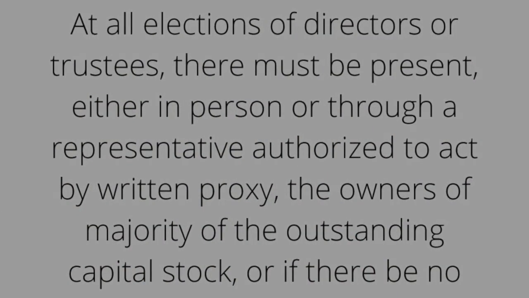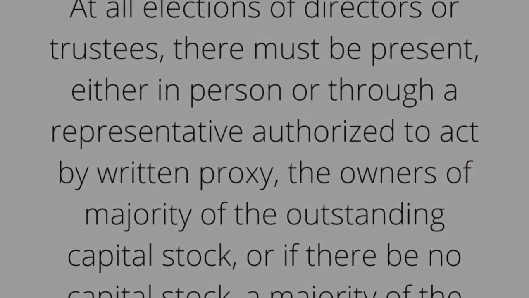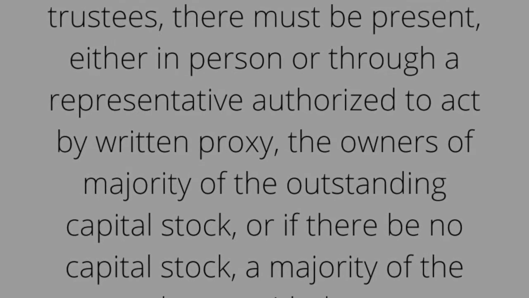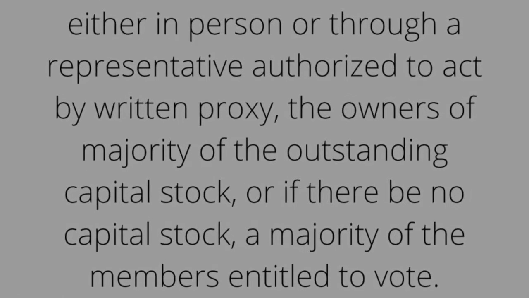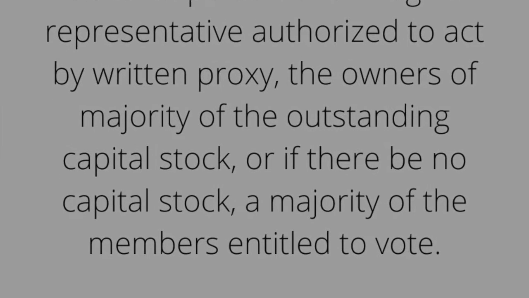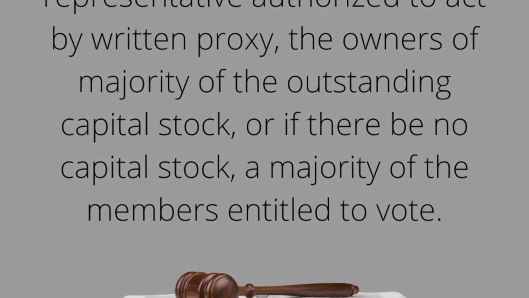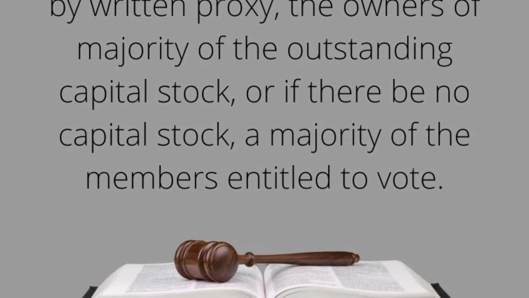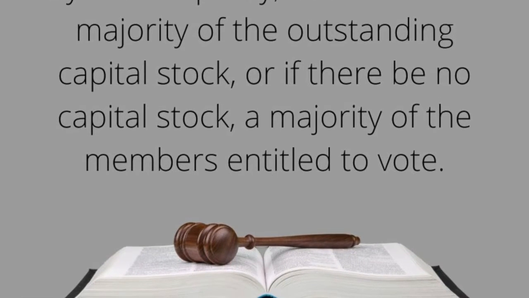It says, at all elections of directors or trustees, there must be present either in person or through a representative authorized to act by written proxy, the owners of the majority of the outstanding capital stock, or if there be no capital stock, a majority of the members entitled to vote. That particular paragraph in Section 23 actually tells you the number that is required to be present for you to be able to hold elections in a stock corporation and in a non-stock corporation.